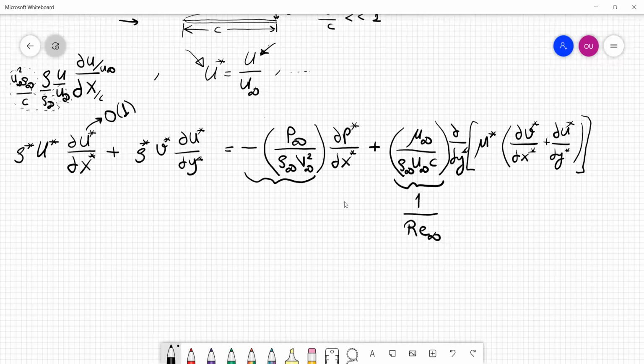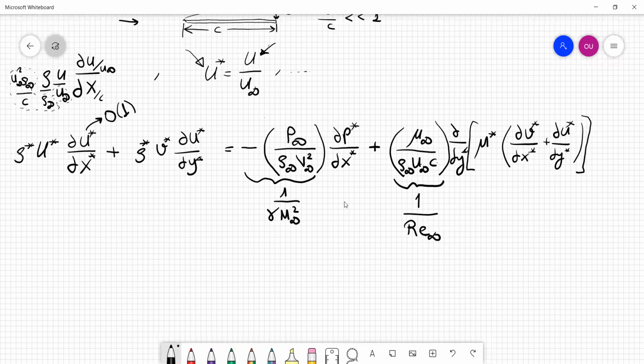Because Reynolds number is defined as u times rho times c divided by mu, that is, u times c divided by mu over rho, which is kinematic viscosity. So the multiplier here is 1 over Reynolds number. The multiplier on this side, it can be shown, is simply equal to 1 over gamma times M infinity squared.